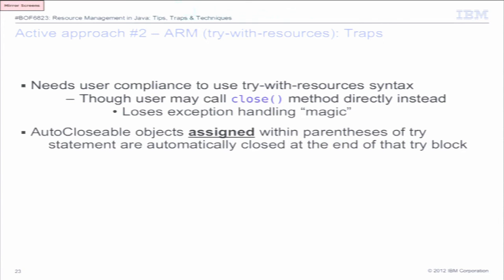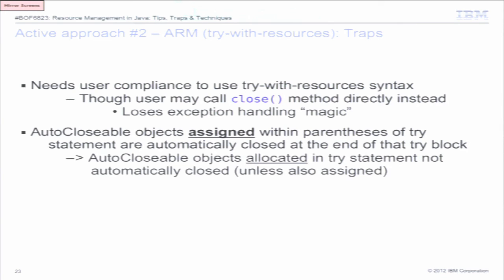Also, the other slight catch is just to emphasize that it's the AutoCloseable objects which are assigned to variables in the parentheses of the try block that are handled, and not those that are merely allocated.